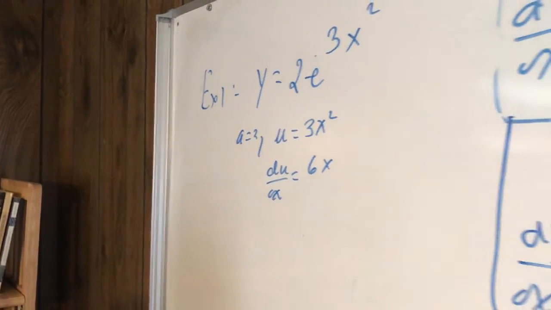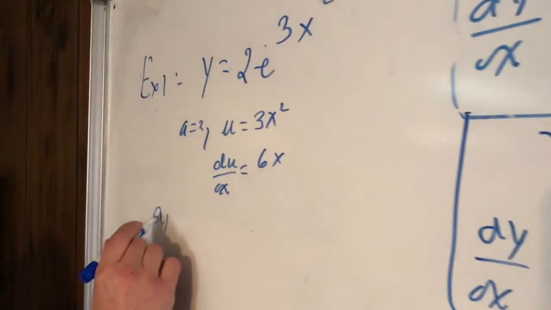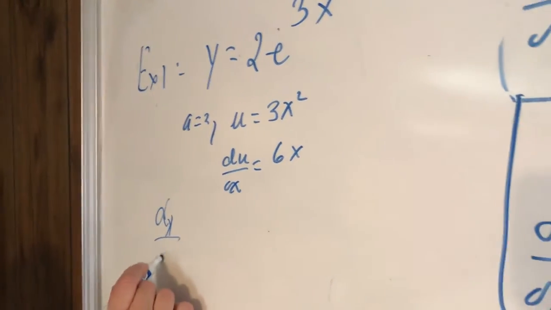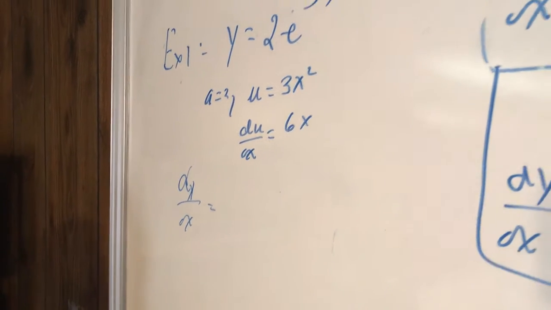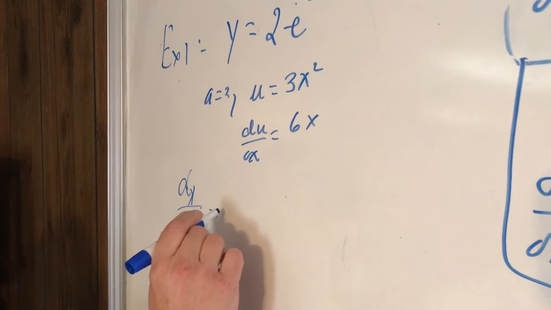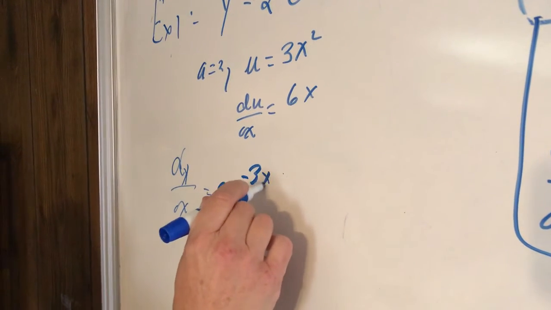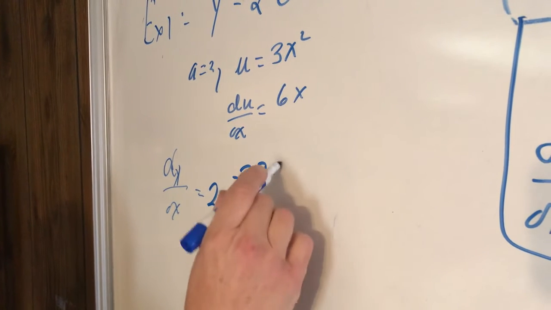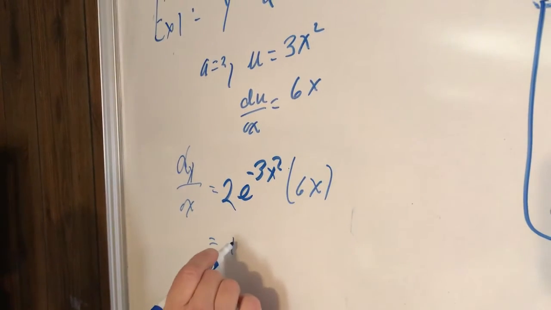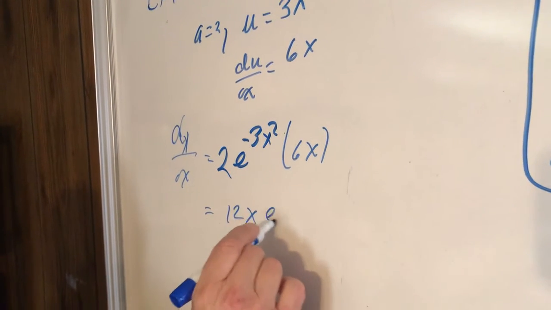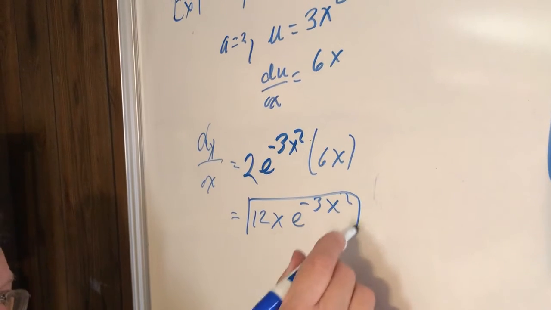Well, now all we have to substitute is in there. Therefore, dy dx, it's a few steps, is equal to a, which is 2, e to the minus 3x times 6x. So your answer is going to be 12x e to the minus 3x squared. And that's your answer.